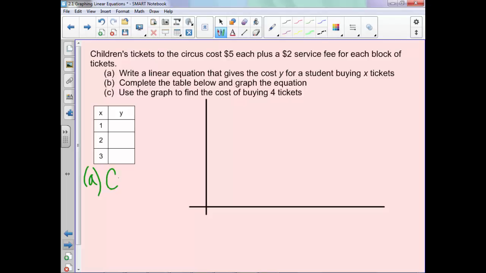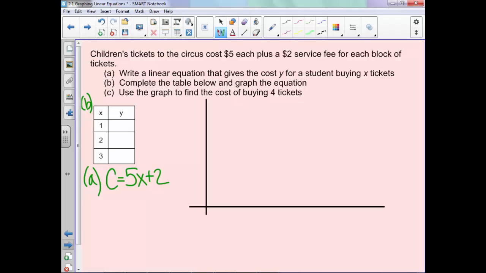So we know our cost is $5 per ticket. In our case, we're calling our ticket X, plus the $2 fee, or just a charge. So there's our equation.